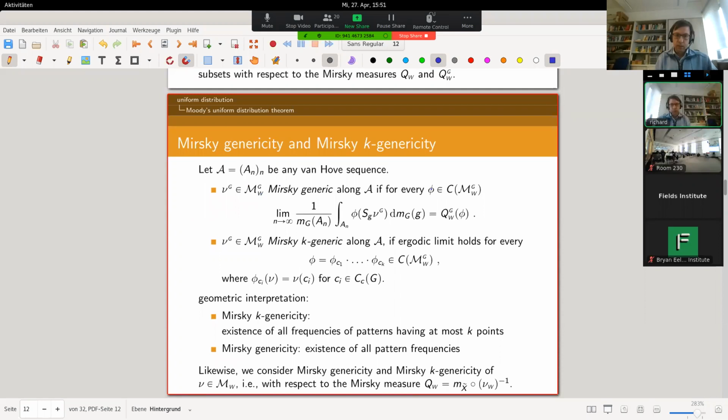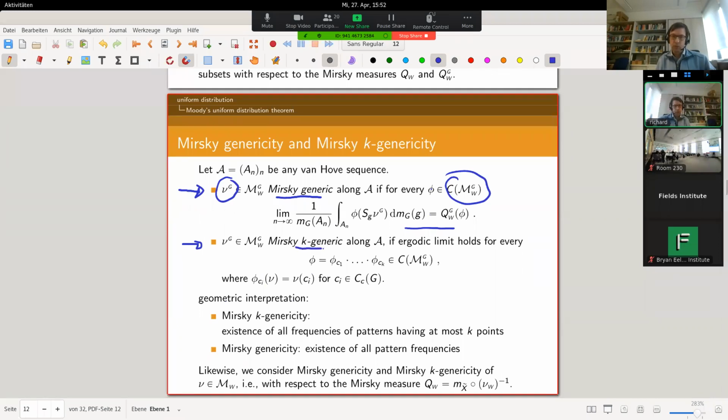So of course, in dynamical systems, a very important notion is genericity of a configuration. And we call a configuration Mirsky generic, so here on G, if the ergodic limit exists for all continuous test functions. This is standard. Next notion is we would like to look at a slightly less restrictive notion, Mirsky K generic.